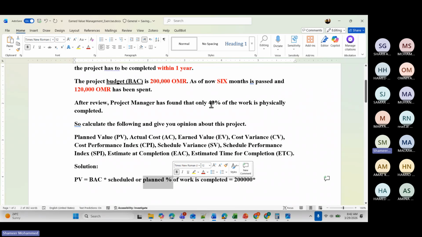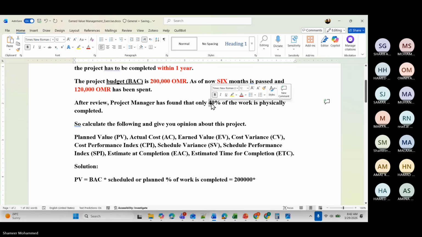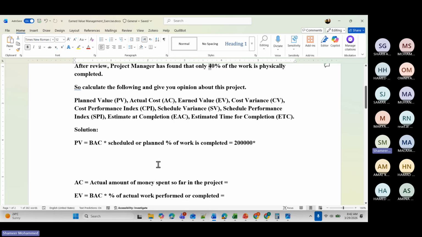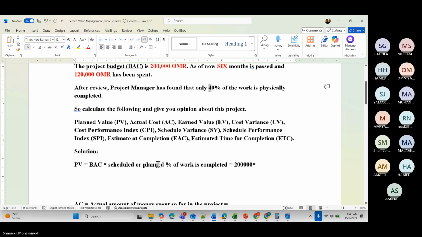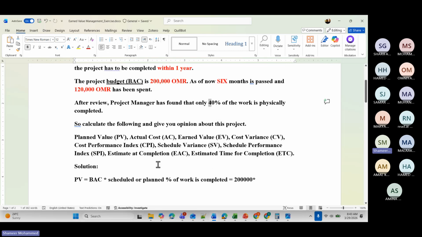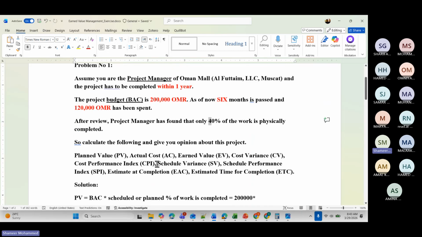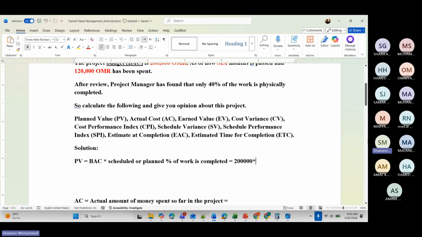How much percentage of work is completed? Here, 6 months has passed, so that means you have completed 50% of the work.